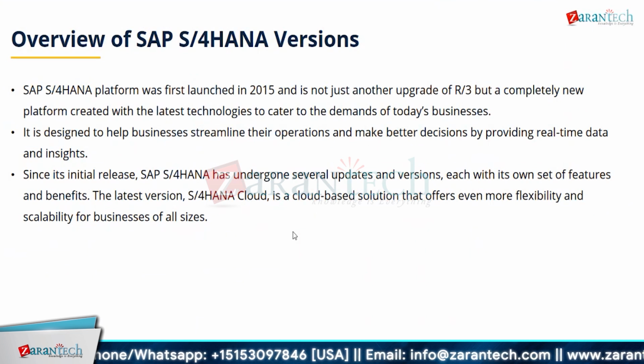As I was talking about, this was first launched in 2015, and it was a much bigger upgrade than the R/3 upgrade, because an entirely new platform was created with the latest S/4HANA technologies. Since it launched, it has undergone several upgrades and updates.